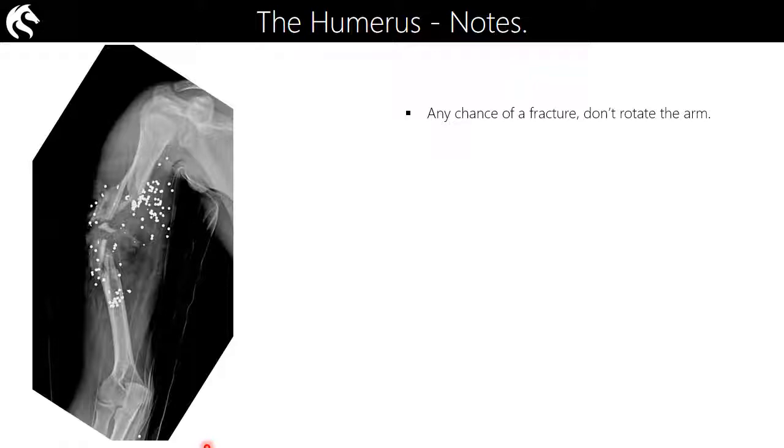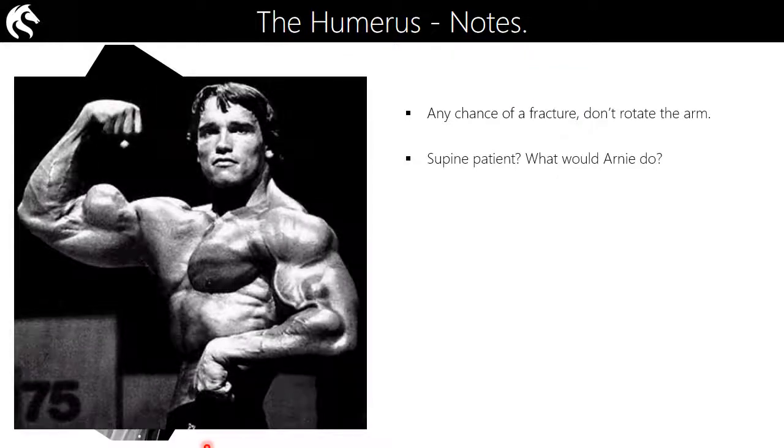One projection which can be quite handy is what I think of as the Arnie projection. This one doesn't have a name in a textbook, but it's basically a way of performing a lateral humerus for a patient who is supine. Often, if you can get the patient in a position like this, their arm will be in a true lateral position, and you can actually achieve it quite readily.